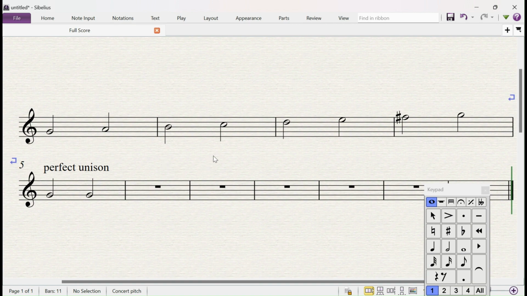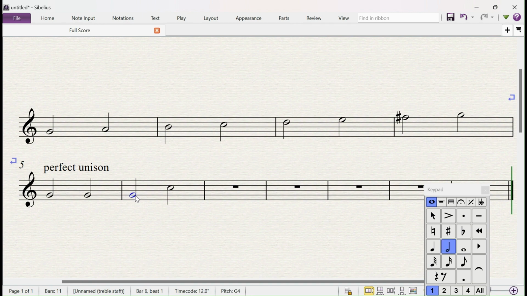There are three others that will get this perfect name. G, this is 1, 2, 3, 4. From G to its fourth, C is the fourth note in the scale. It's a distance of a fourth apart.